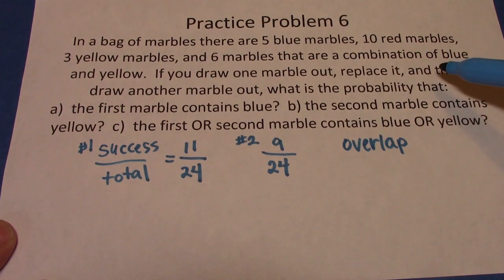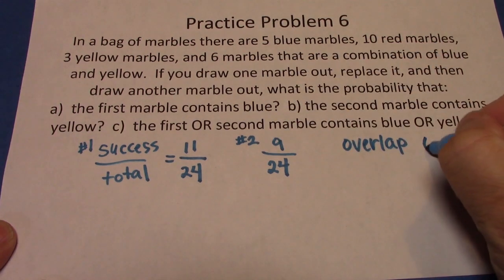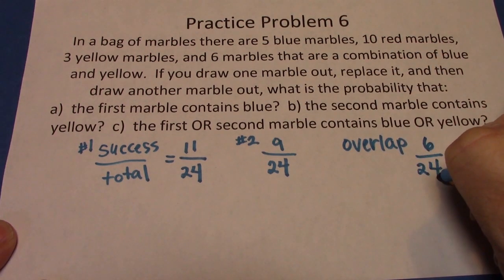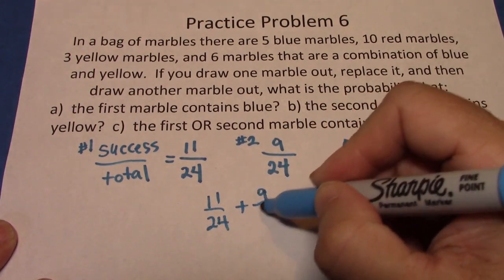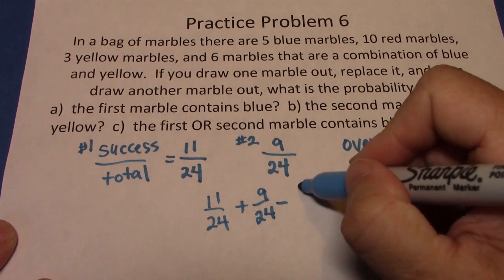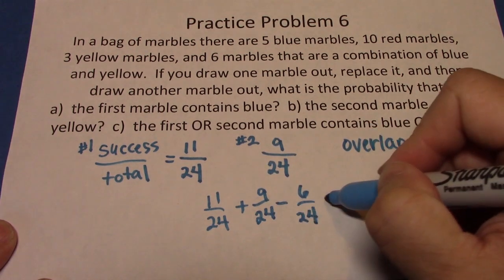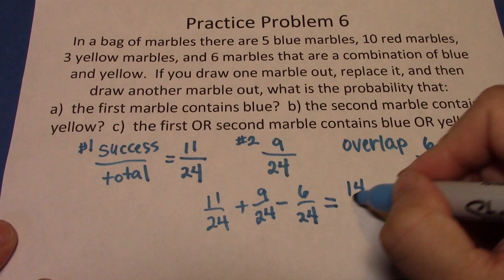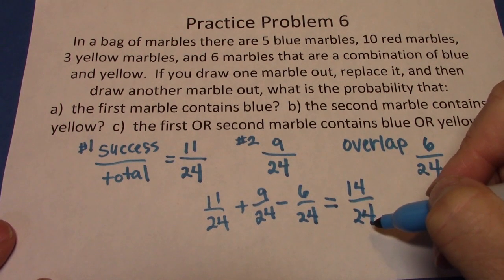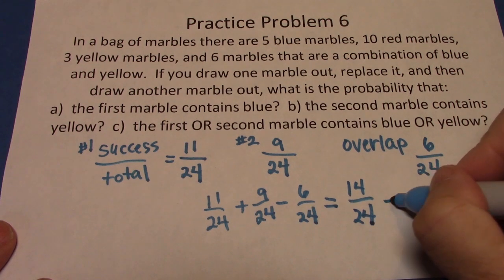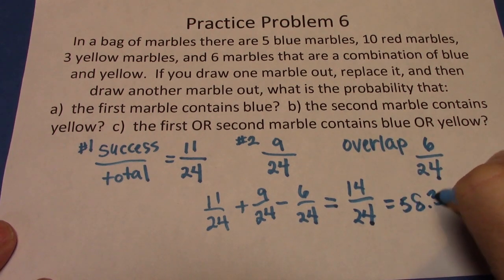And that is, let's see, it's these 6 out of 24. So to add them together would be 11/24 plus 9/24 minus the 6/24, and that would give us 14/24. As a percentage, that works out to be 58.3%.